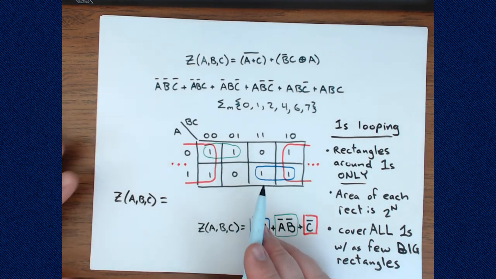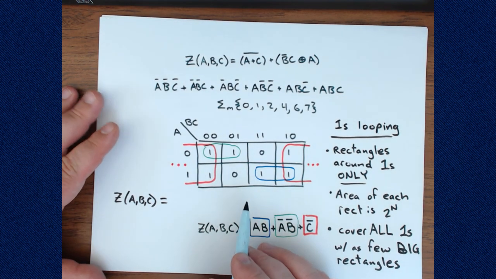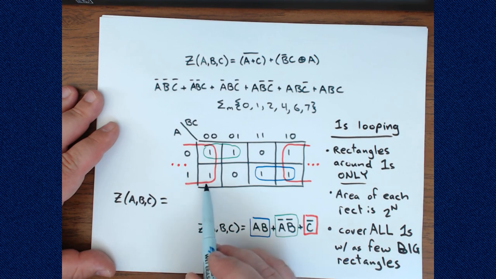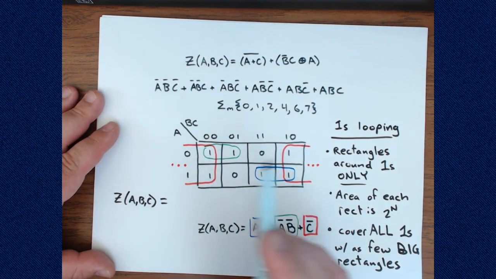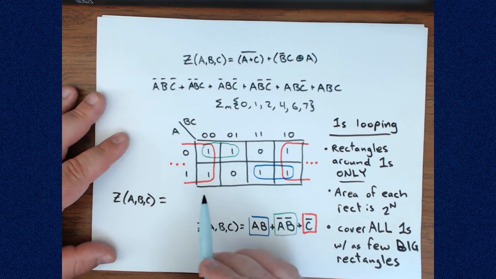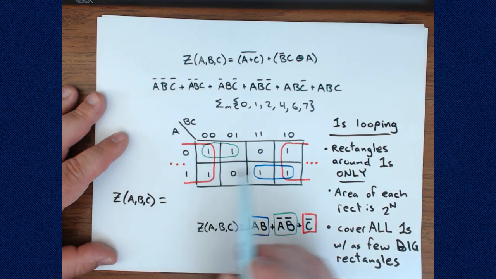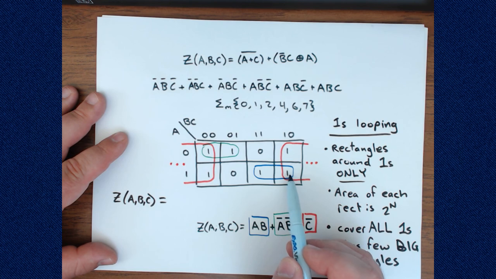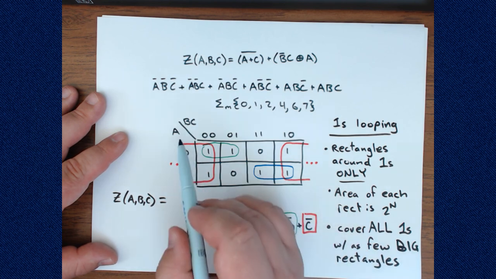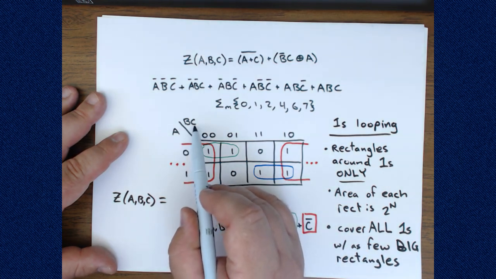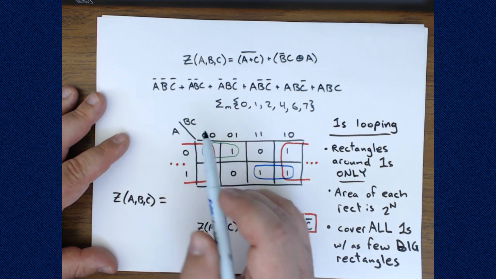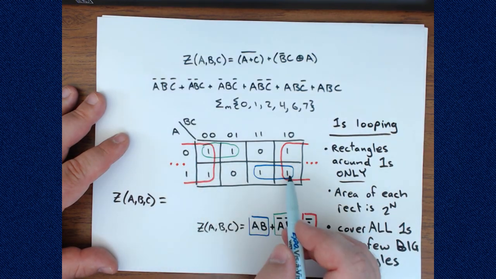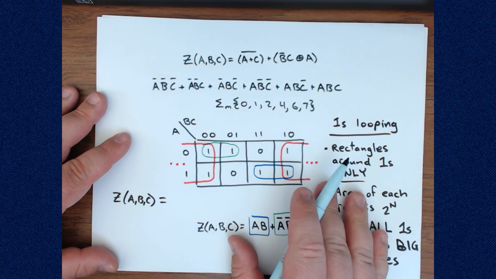So now we just have to figure out what each one represents. I'm going to start with the red one since it's closest to the left here on the paper. So in this case I've got 4 ones here, here, here, and here. And what I need to do is come up with a product based on the variables a, b, c that represent these 4 cells and no other cells.